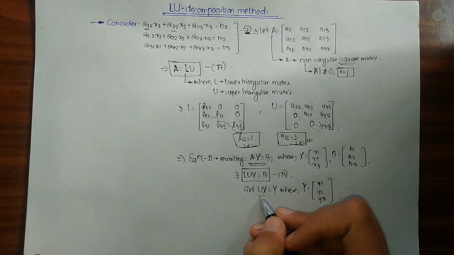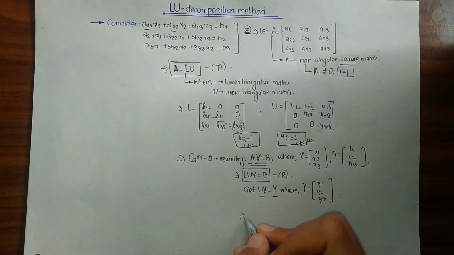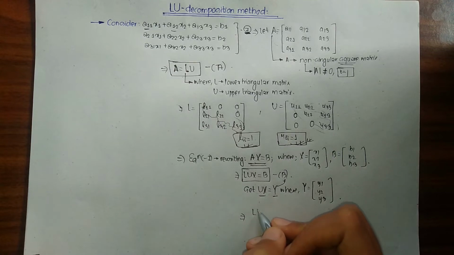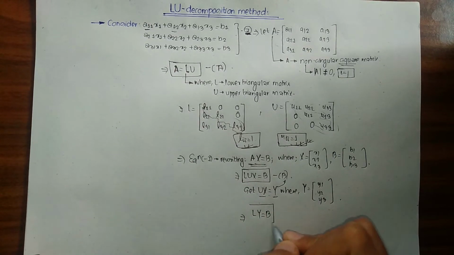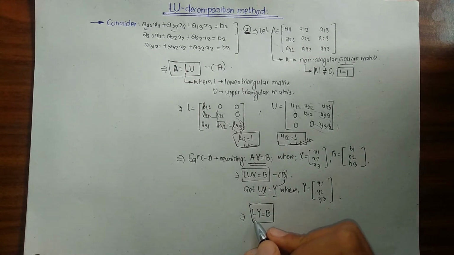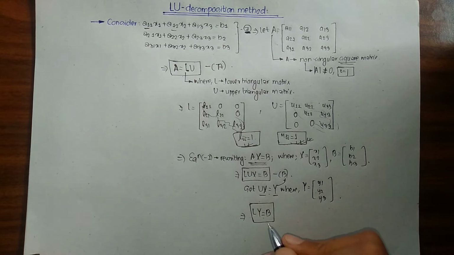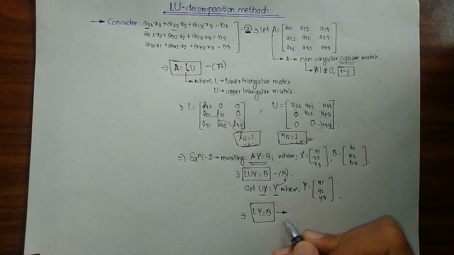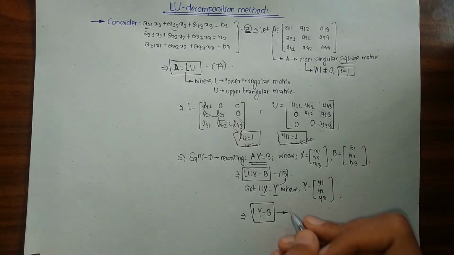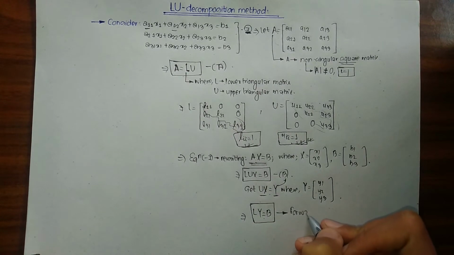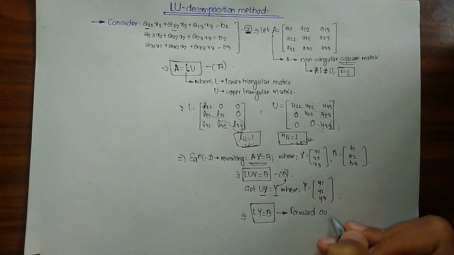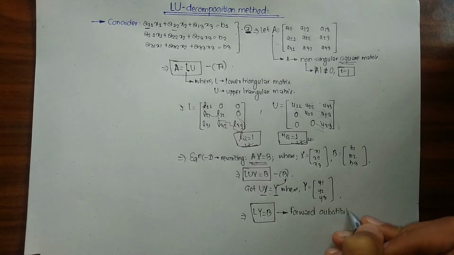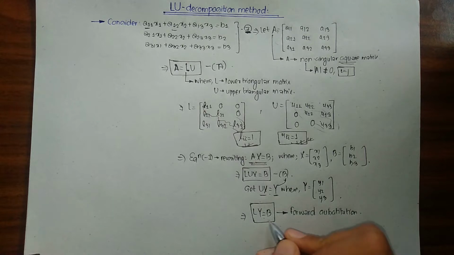After knowing this value, we are going to substitute it back in equation b, and we are going to get Ly equals b. So now we are going to solve this equation by forward substitution, and we'll obtain the value of y.